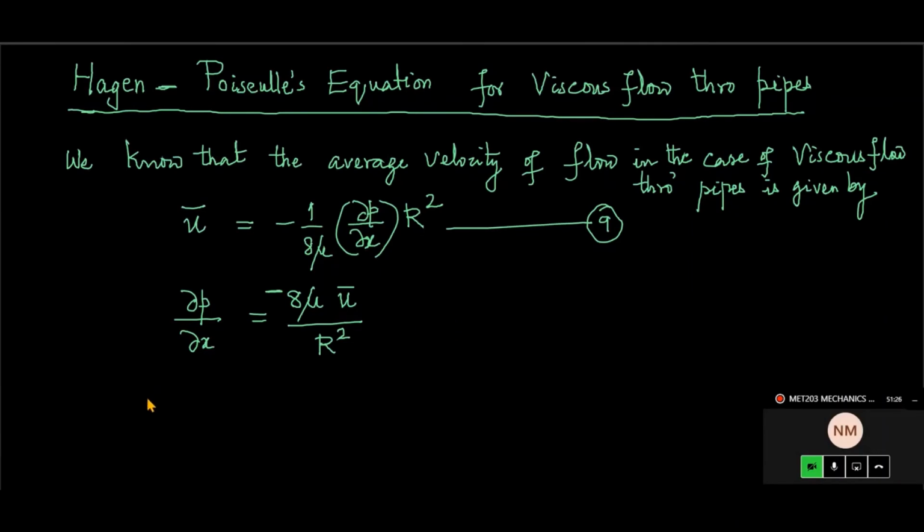Now see here, until now we have used the partial derivative of pressure with respect to x. Now I am going to change this into an absolute derivative. The reason is that it is one dimensional flow, so there is no variation of p in the y direction.